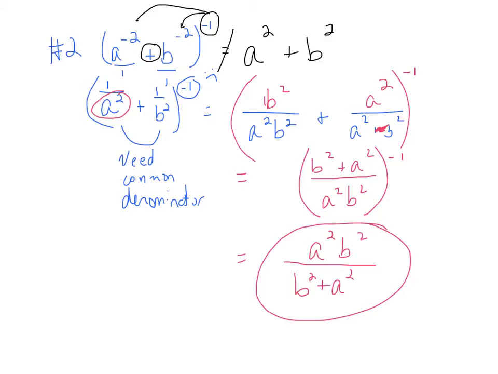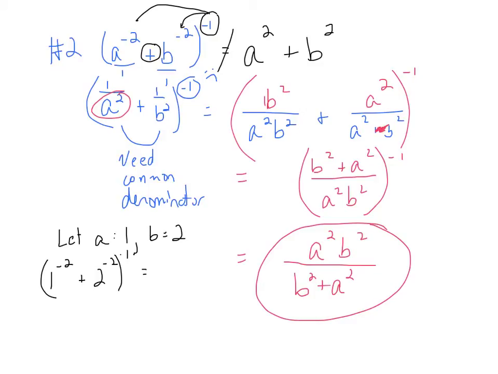You're absolutely done. Now, if you wanted to check it, you could by just letting A be some number, pick any number, I'll pick 1. And let B be some number, any number, I'll pick 2. And just plug them in. So in the original, it had been 1 to the negative second plus 2 to the negative second, to the negative first.